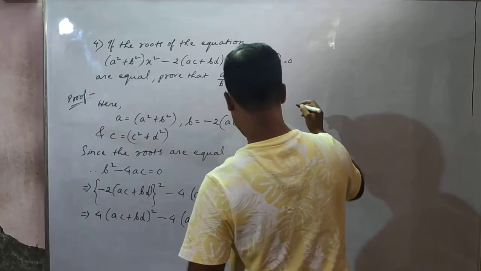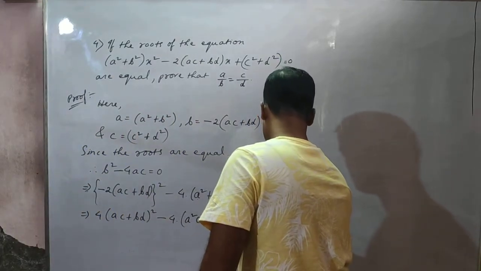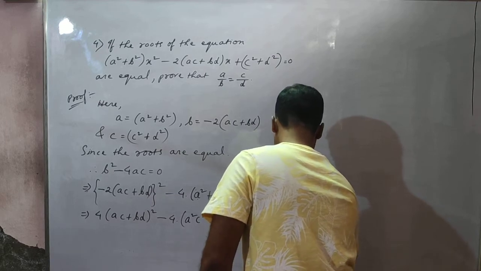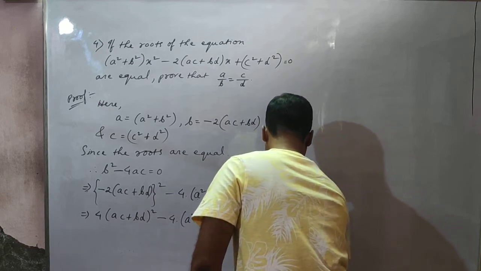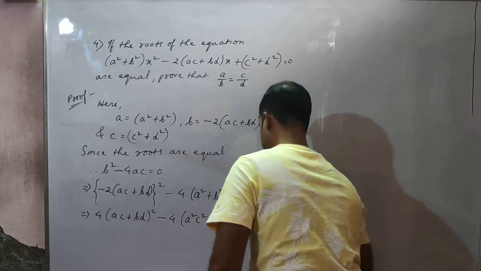Okay. So now this will be equal to 0, and this will be equal to 0, and this also will be equal to 0, isn't it?